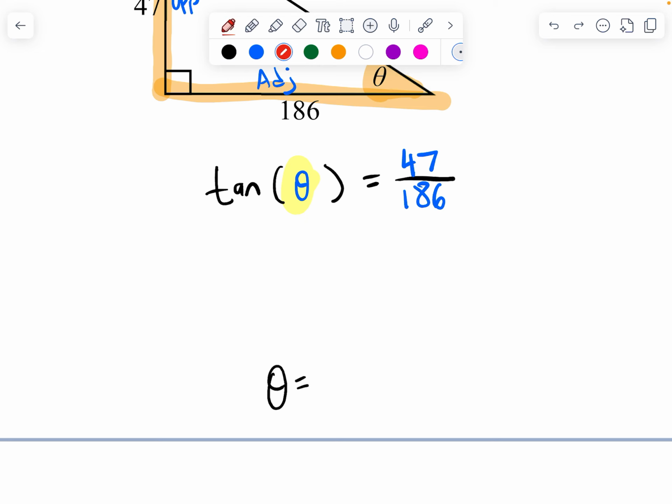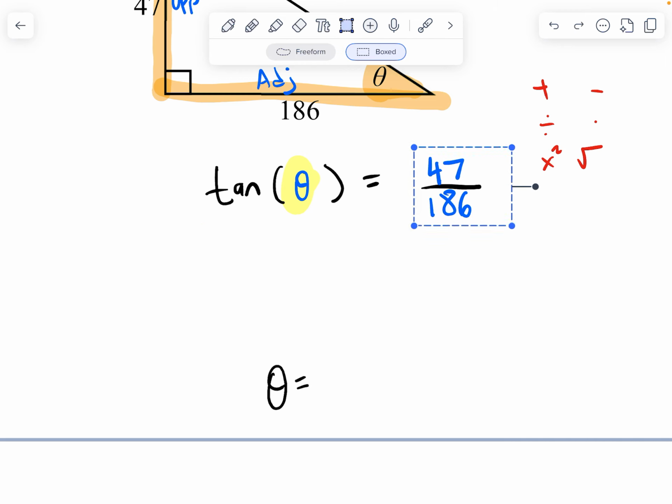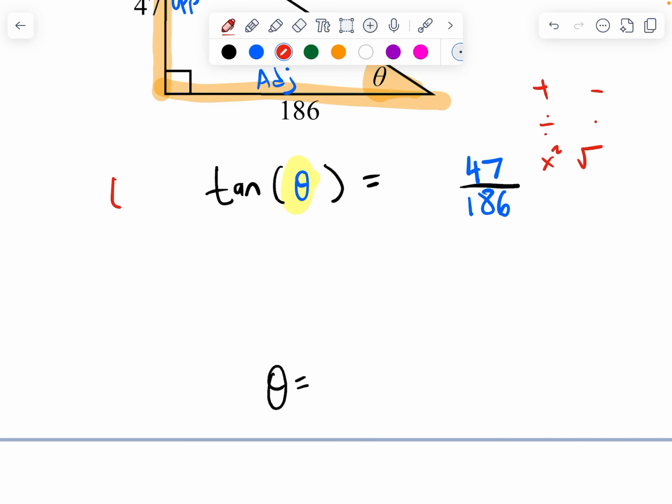So you think, okay, well, if I have addition, we undo that with subtraction. We undo division with multiplication. I undo something squared with the square root. Well, if I need to undo a tangent, we use its inverse. So all I need to do is take the inverse tangent of the left side. And what I do to the left, you do to the right.